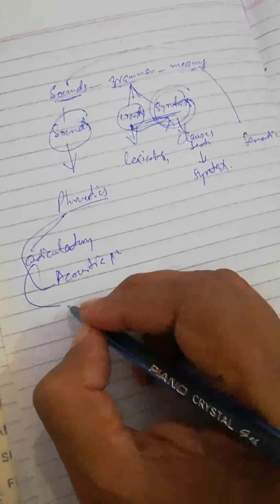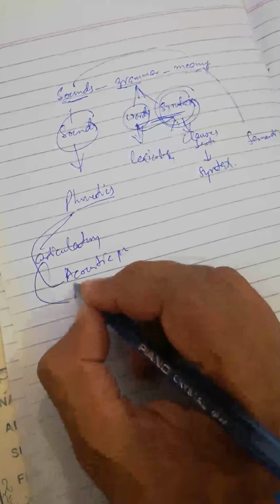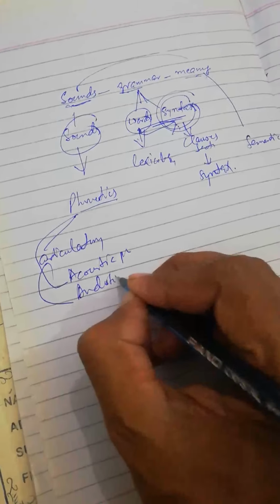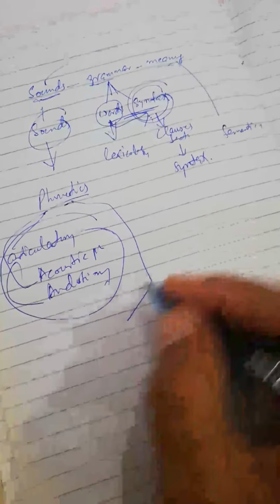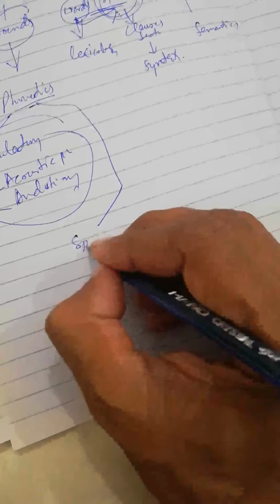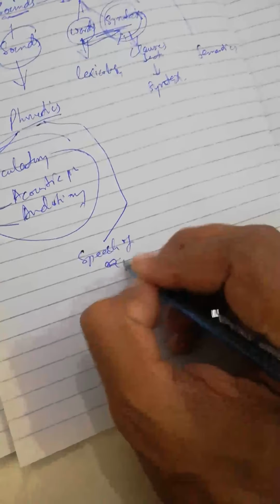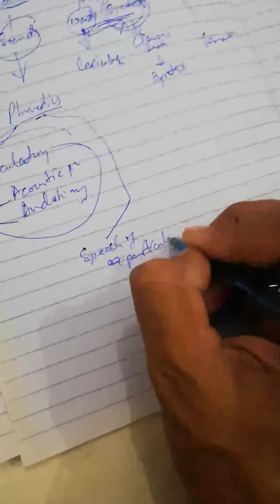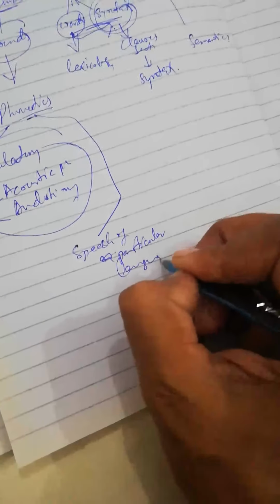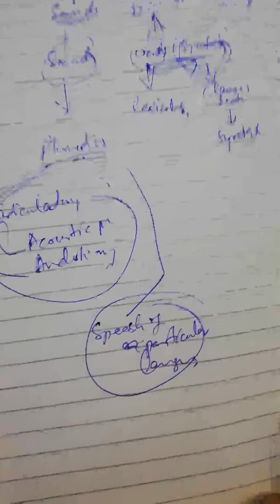Then it is received at the ear, so that is auditory phonetics. These are the three sub-branches of phonetics. And what is phonology? Phonology is the study of speech sounds of a particular language. Anyhow, both deal with sounds.